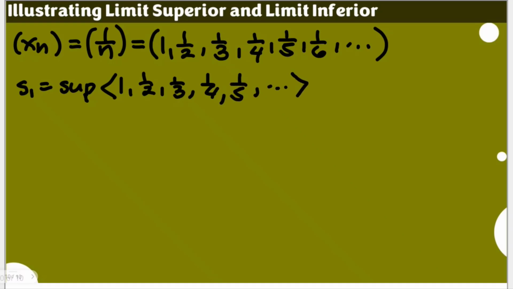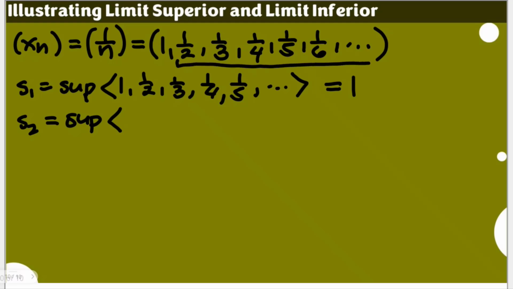The supremum of this, as we know, is the least upper bound, or the least maximum value. So we have here 1, as this is the least upper bound of this set. Now, let's have another supremum here, but in this case, I'm going to use the second element onwards, not considering the first element of the sequence.